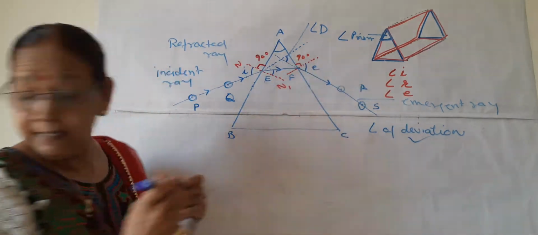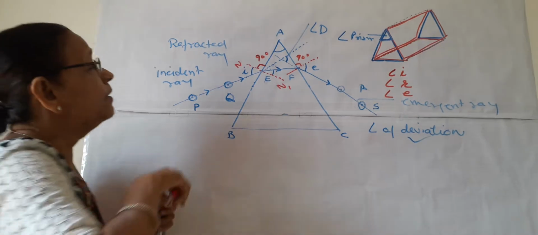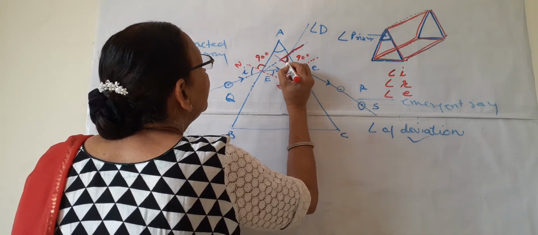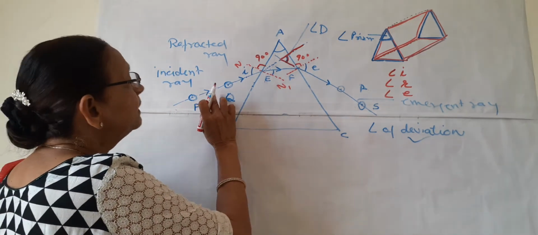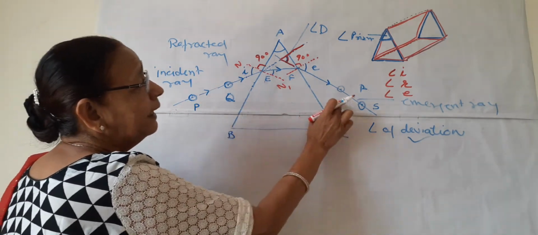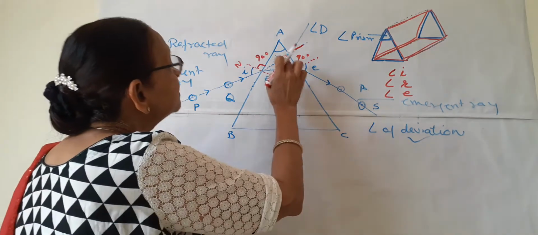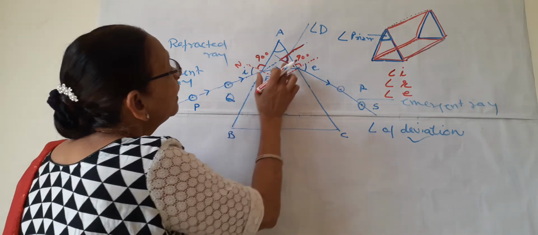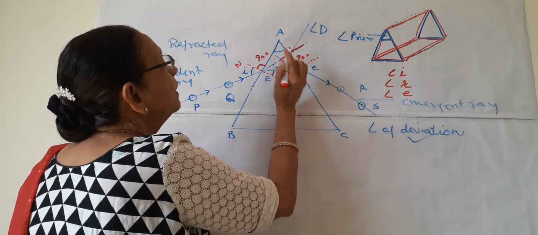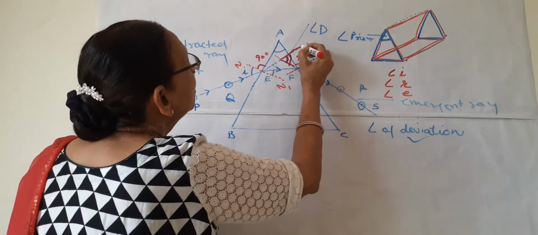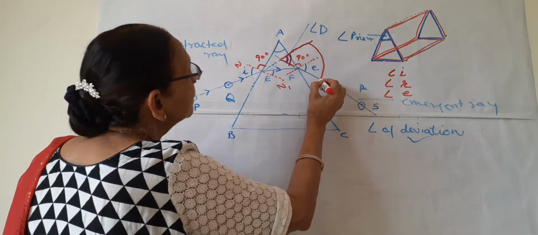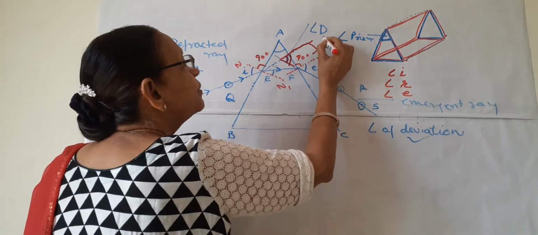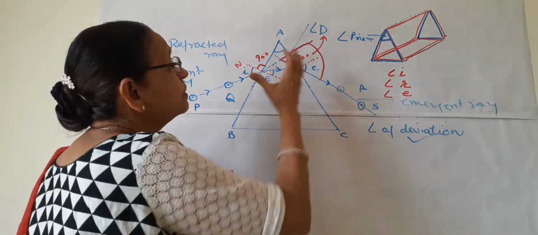This angle is angle D, between the incident and emergent lines. And this is formed due to this prism. The incident ray deviated by this angle, or we can see by this angle. This angle is also the same angle of deviation. We can measure this also.